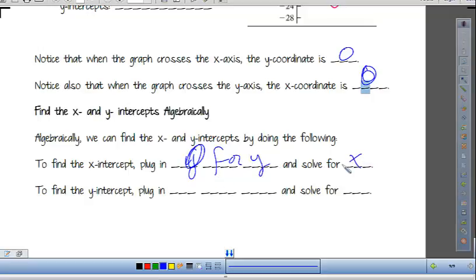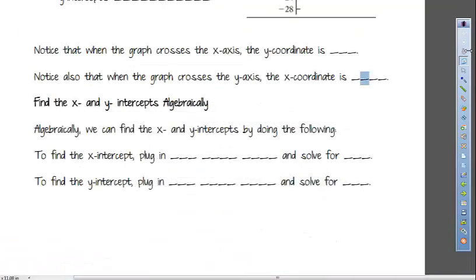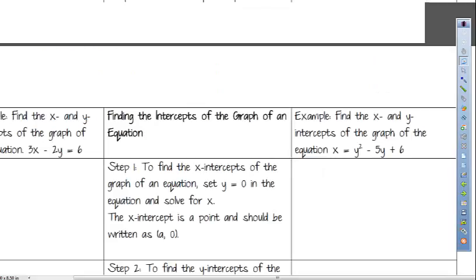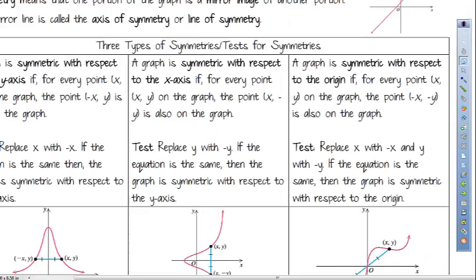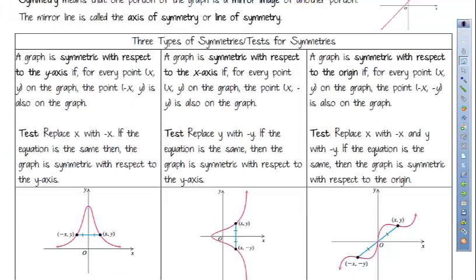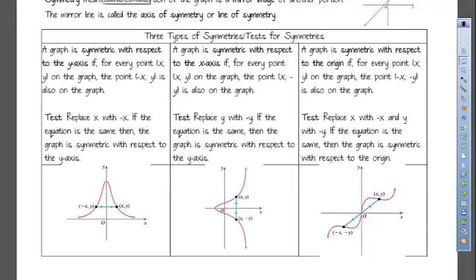To find the y-intercept, plug in 0 for x and solve for y. Looks like I skipped some pages. Let's see.